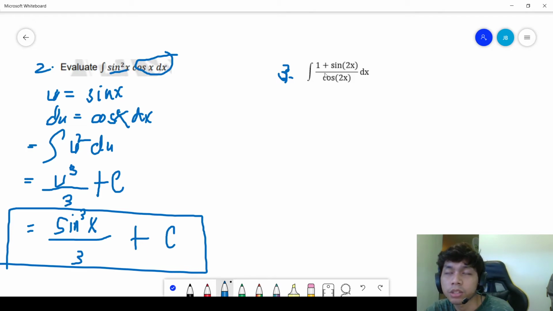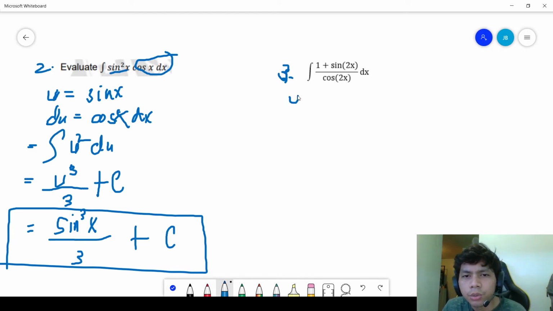If you differentiate cosine 2x, that would be negative 2 sine 2x. The problem is this expression here has a plus in between, a sign. So we can do it this way.